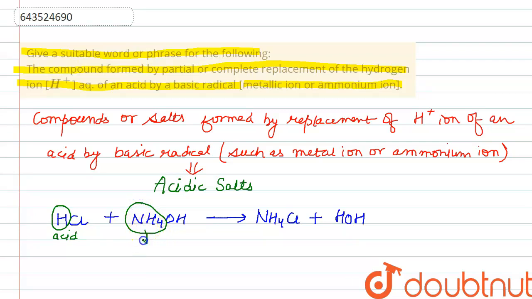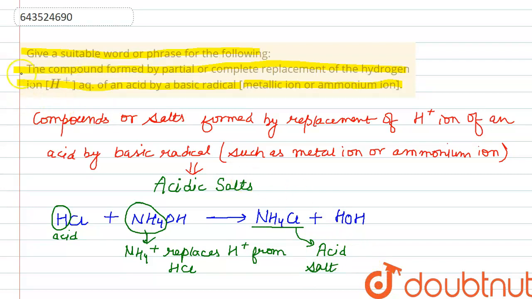Okay, this ammonium ion, NH4 positive ammonium ion, replaces H plus ion from the HCl molecule, which is acid molecule. Okay, so such salt, the salt formed here is ammonium chloride. So this salt or the compound is known as acid salt.